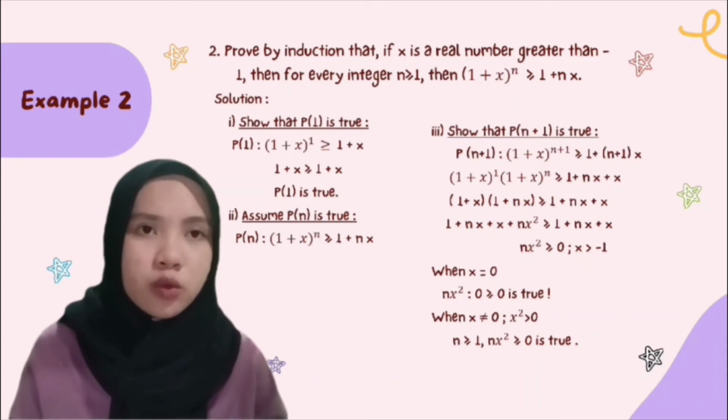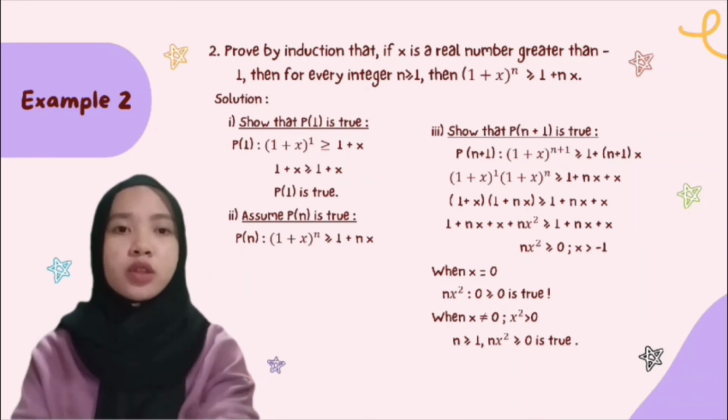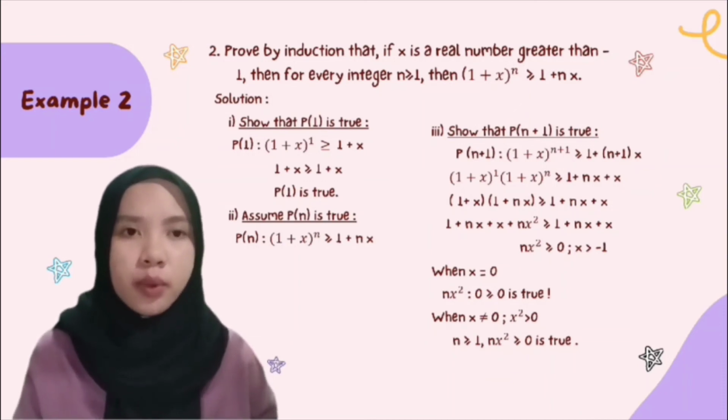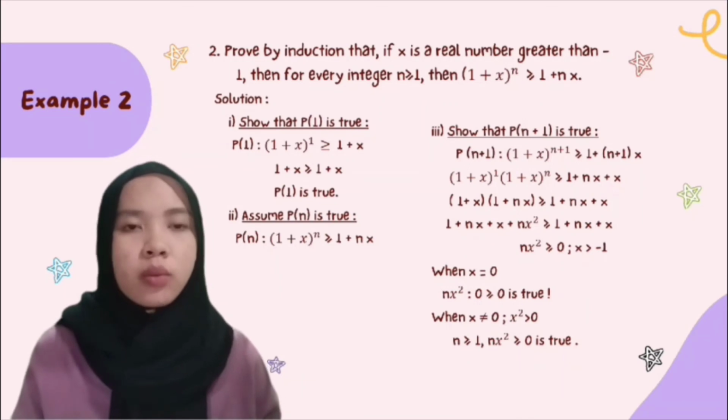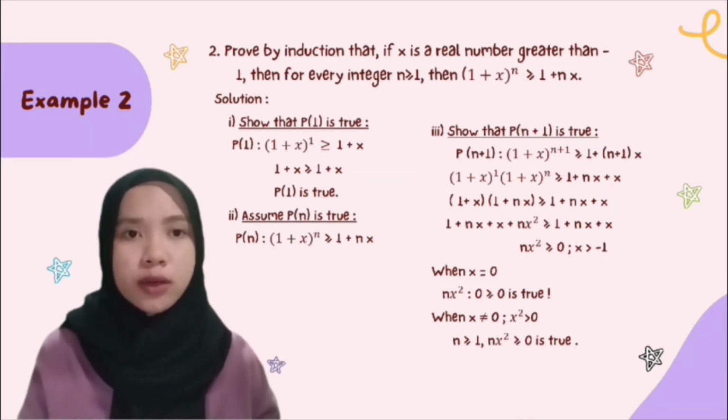The last part is to show that Pn plus 1 is true. We substitute n plus 1 into (1 plus x) to the power of n more than 1 plus nx. Then we get n times x squared more than 0. x can also be more than -1.